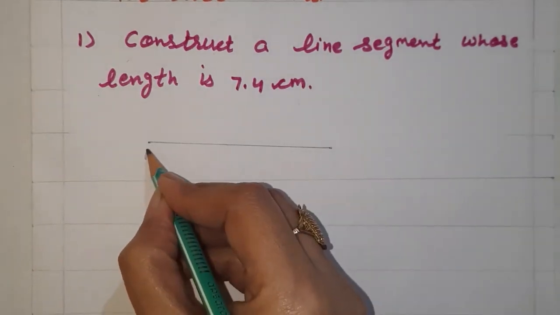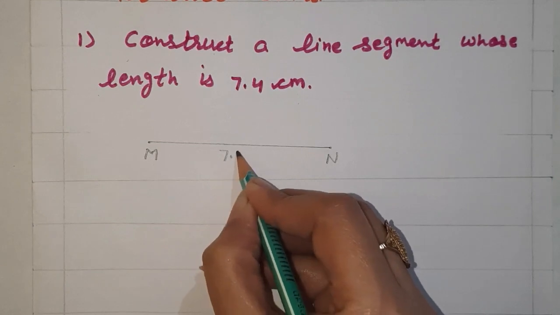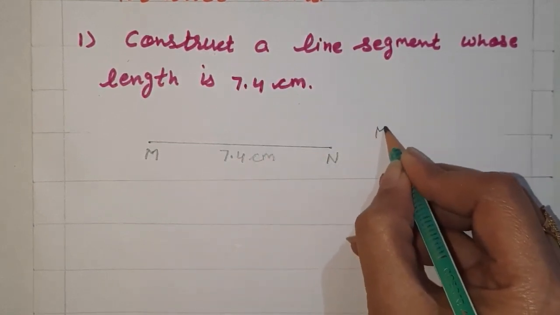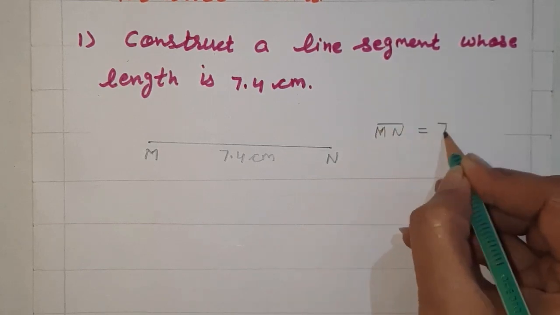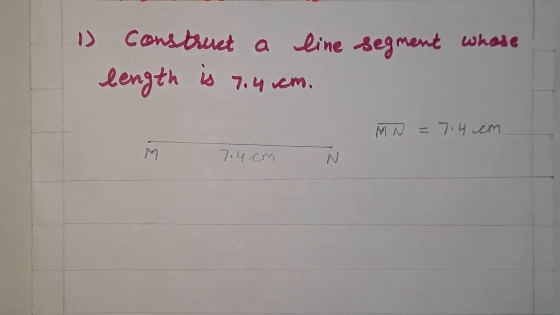Name it. Any capital letter you can take. Write down the measurement. And here we will write MN line segment is equal to 7.4 centimeter.